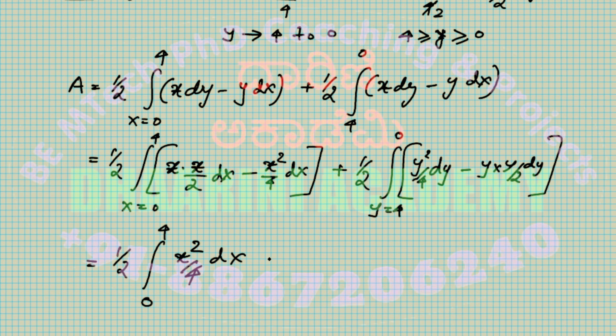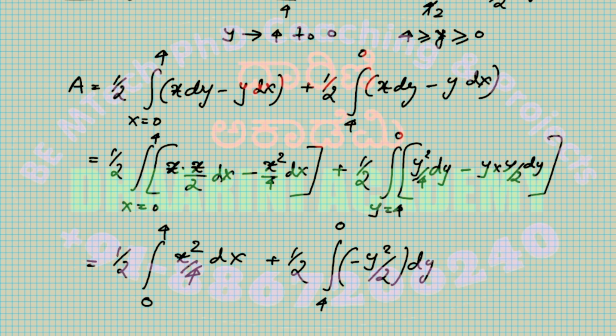Dx is the first term plus half integral. So y starts from 4 goes till 0. This is y square by 4 minus y square by 2. So this will be another minus, right? Because this is simply minus of y square by 2 dy.